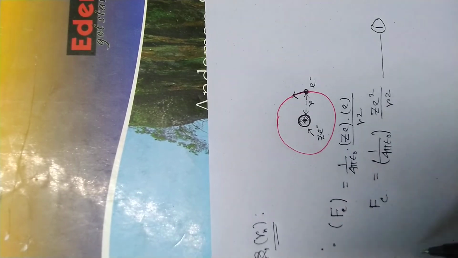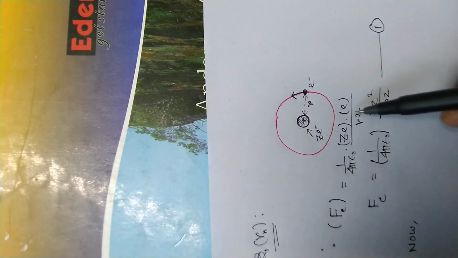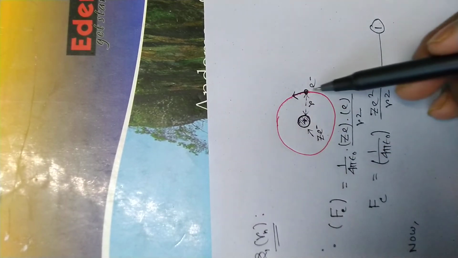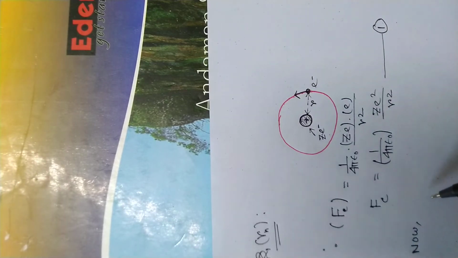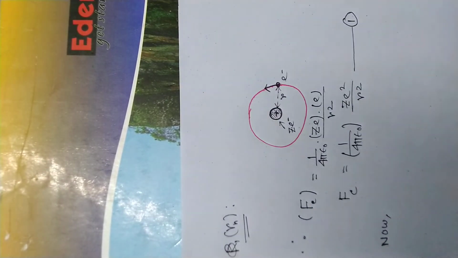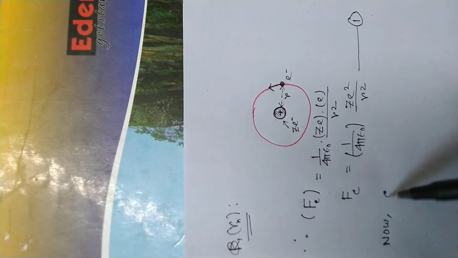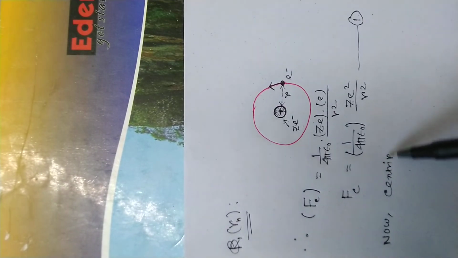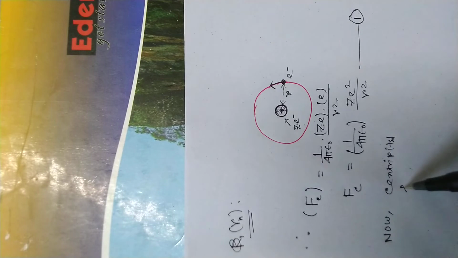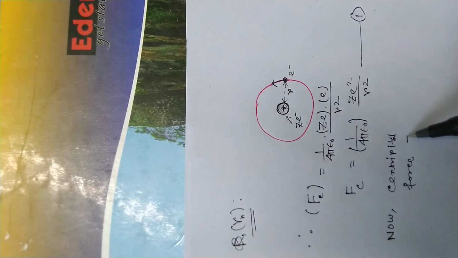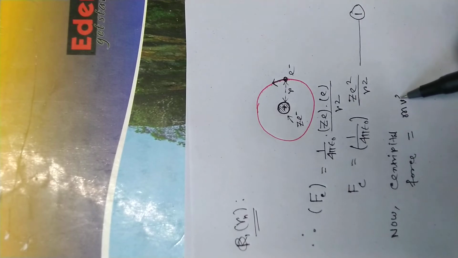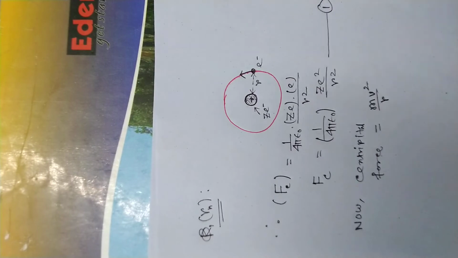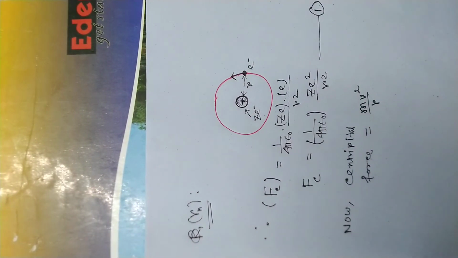Now, due to the circular motion of the electron around the nucleus, there must be a centripetal force. The centripetal force is the mass of the electron into velocity square divided by the distance between the center, that is the nucleus, and the electronic orbit.